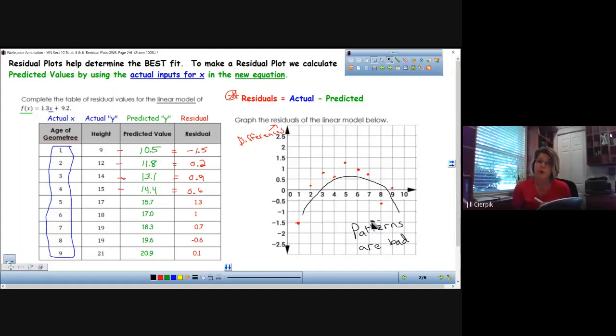If you have very small residuals that are close to zero scattered above and below the line, then that means that your equation actually is a good fit for the scatter plot. If you see a pattern happening, then that tells you that too many of your points are going in a certain direction. In other words, your differences are not close enough to zero to make it a good fit.